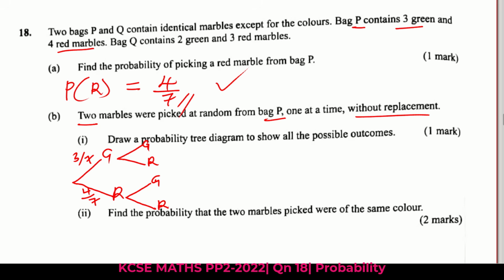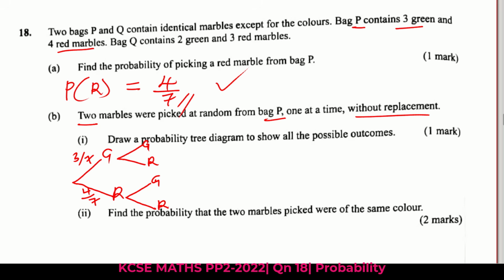This simply means that the moment you pick a marble from the bag, the total will change. Like in this case, there are 7 marbles. If you pick 1 marble without replacement, you remain with 6. If there are 3 green marbles, you pick 1 green marble, you remain with 2 green marbles. That is the meaning of without replacement.